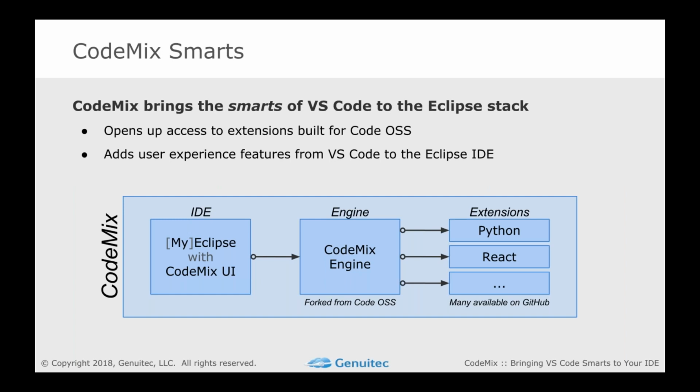And that allows us to have all of the extensions and smarts for different languages, hundreds, thousands of plugins on GitHub that you can use, and have that all available through your CodeMix and Eclipse-based IDE. So again, a really cool way to totally change that experience.